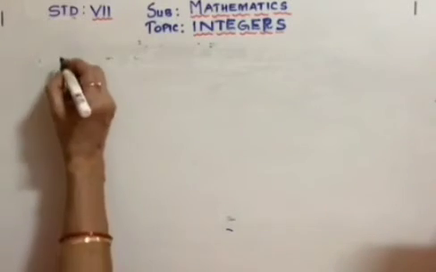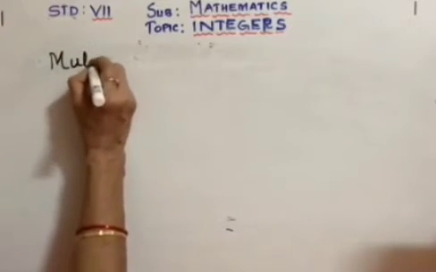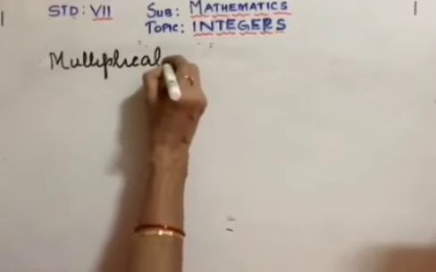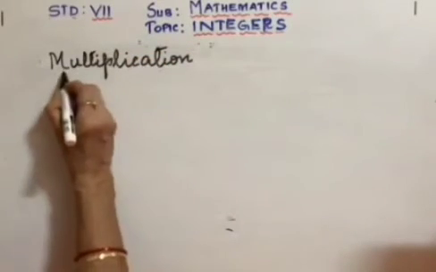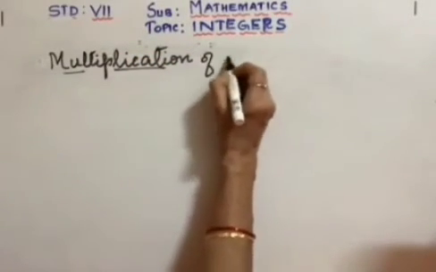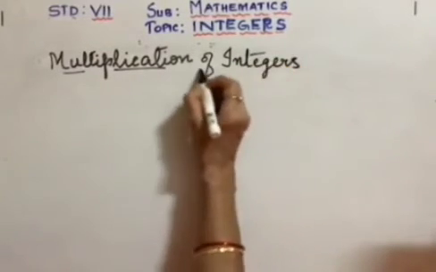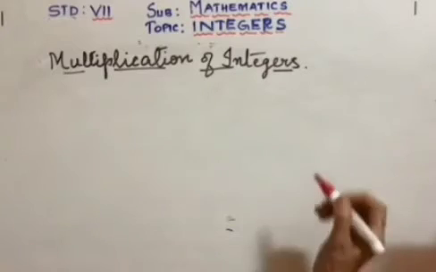Okay, now the next part is multiplication of integers. Okay, children. In multiplication of integers, before I start that, let's recall what you learnt in subtraction, the rules.